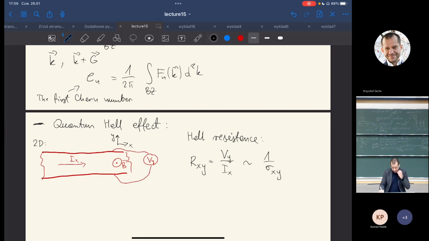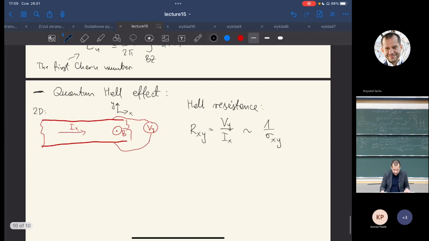And now what is extremely important is that the Hall conductivity is quantized. One can show that the Hall conductivity is determined by the sum of the first Chern numbers, and the sum goes over the filled energy bands.